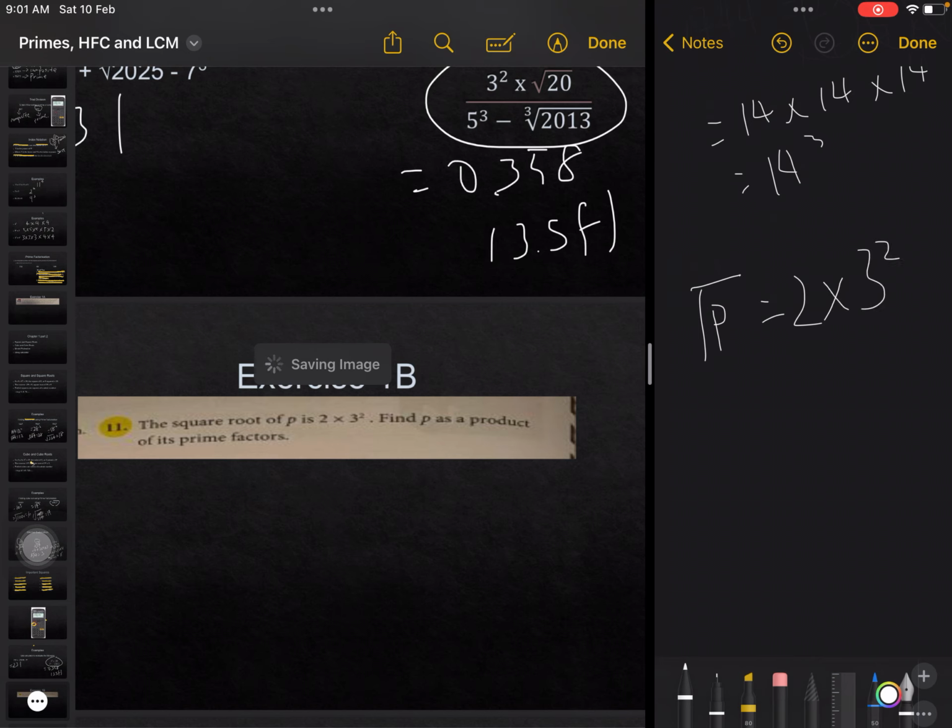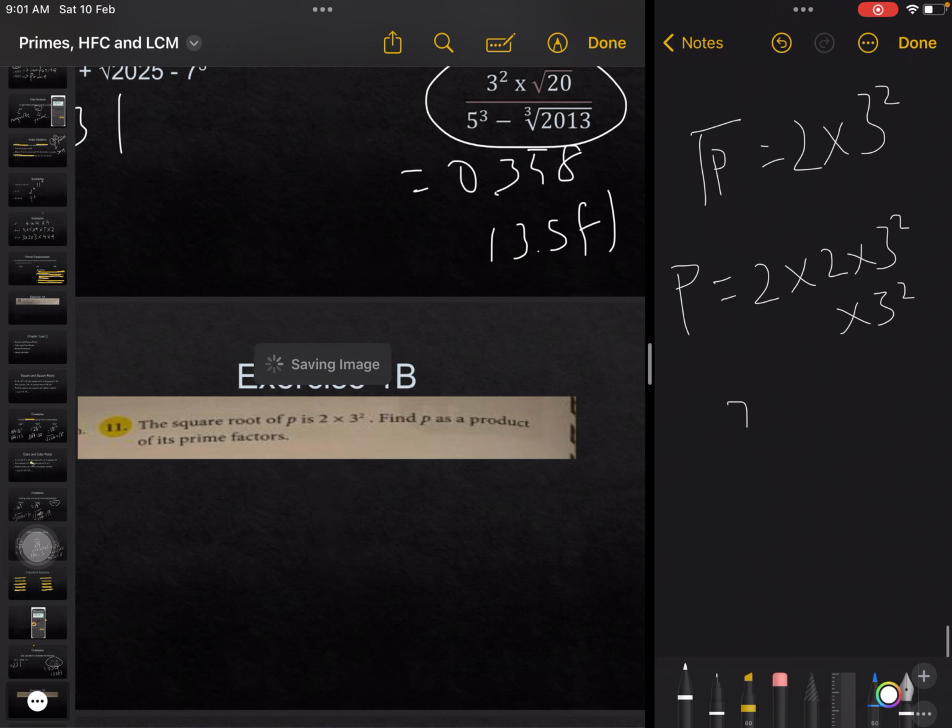Okay, so p will be equal to 2 times 2 times 3 square times 3 square. Hence its prime factors will be 2 to the power of 2 times 3 to the power of 4.